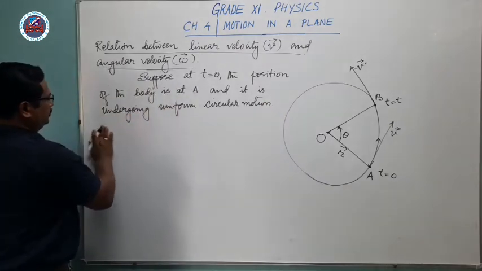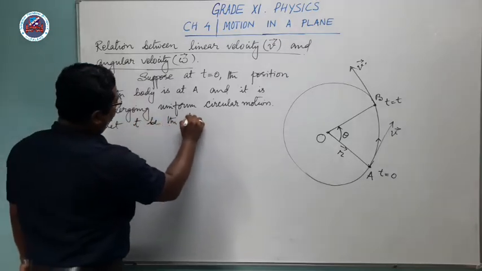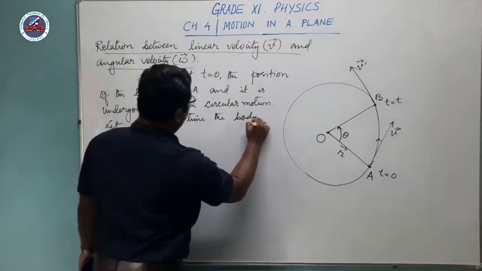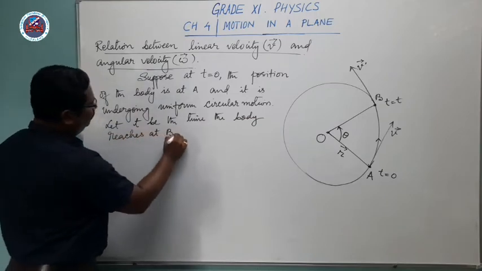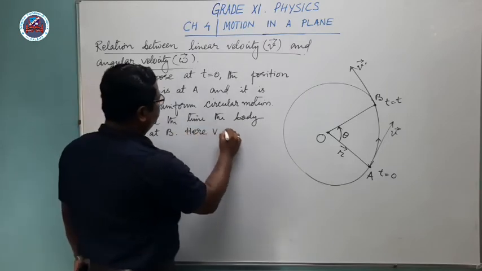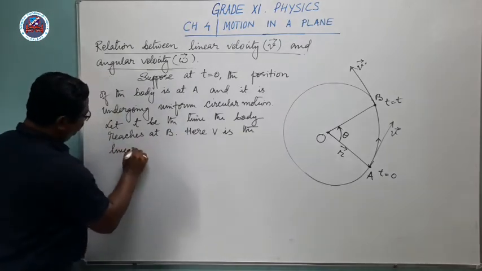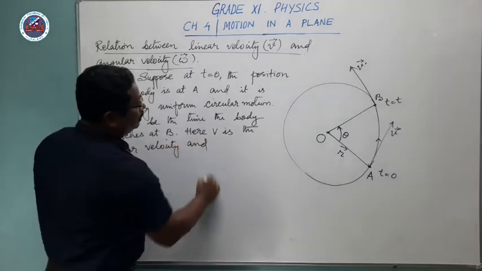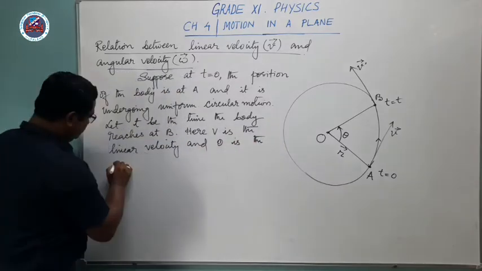Let t be the time the body reaches B. Here V is the linear velocity and theta is the angular displacement.